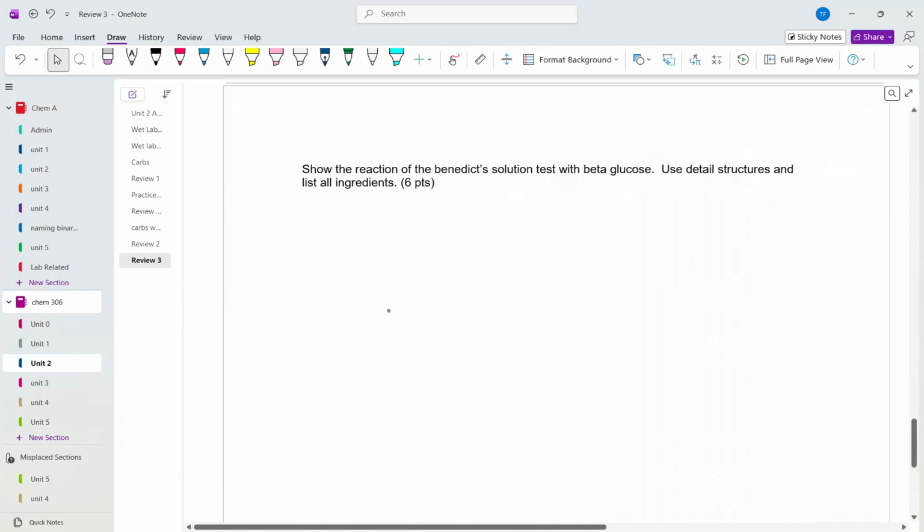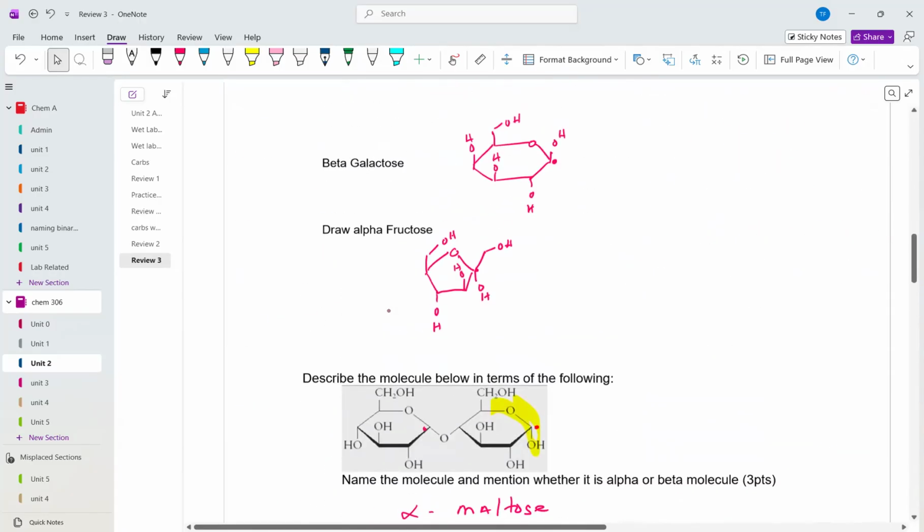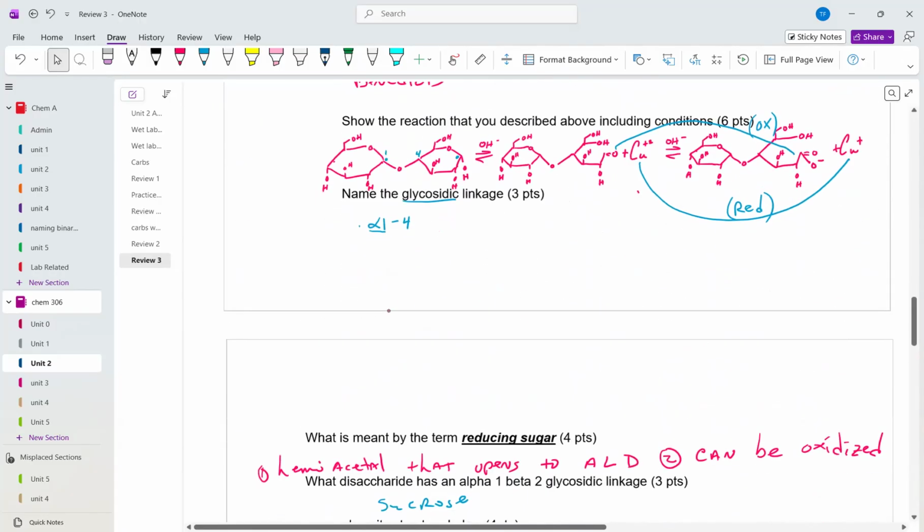Okay, I've already done this reaction up here with maltose. So the difference between the two is the glucose on the left wouldn't be there.